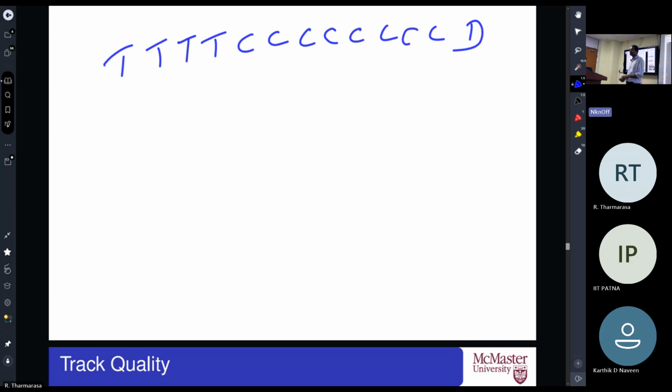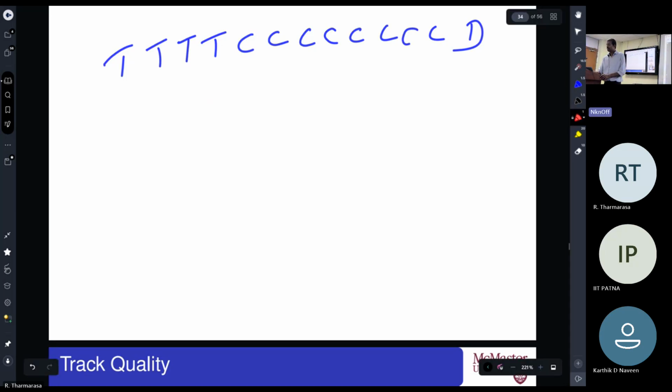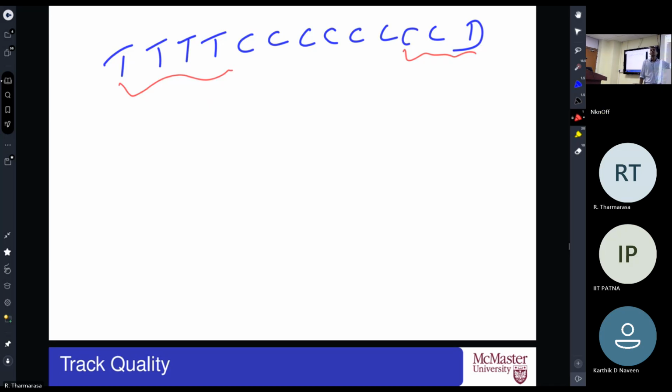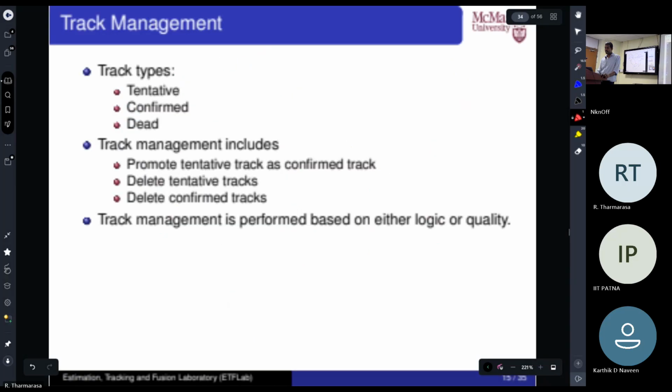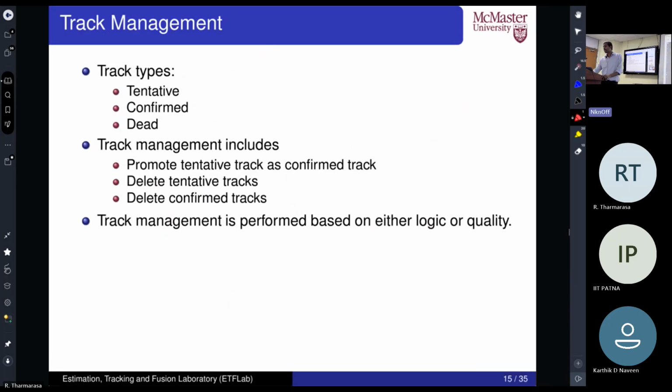If this is the case, this is the confirmation latency, and this could be the termination latency. Understand that? This could be the sequence of the states of a track. Clear? So we have considered three types: tentative, confirmed, dead. Promoting tentative to confirmed, and deleting.